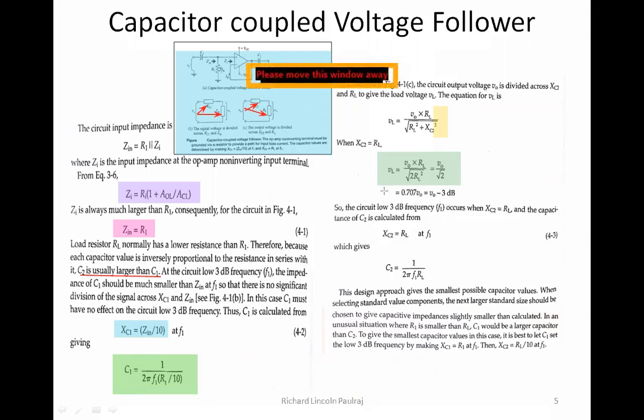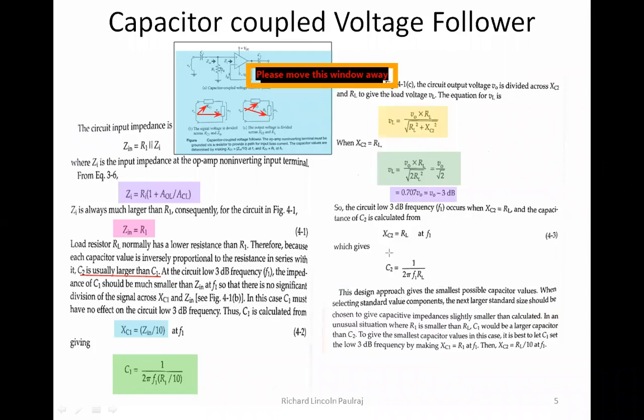If you see the graph, it is going to be about 0.707 of your output voltage, that's why we have this minus 3 dB. So this one is considered at the minus 3 dB level. Why am I considering the minus 3 dB level? So that I get my load voltage, which is 1 by root 2.